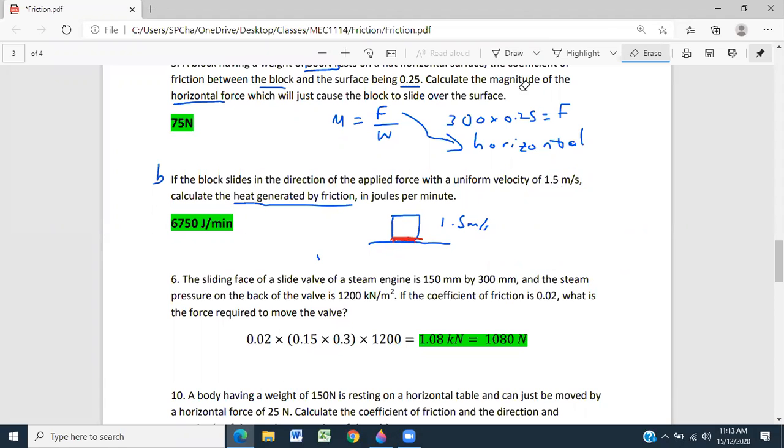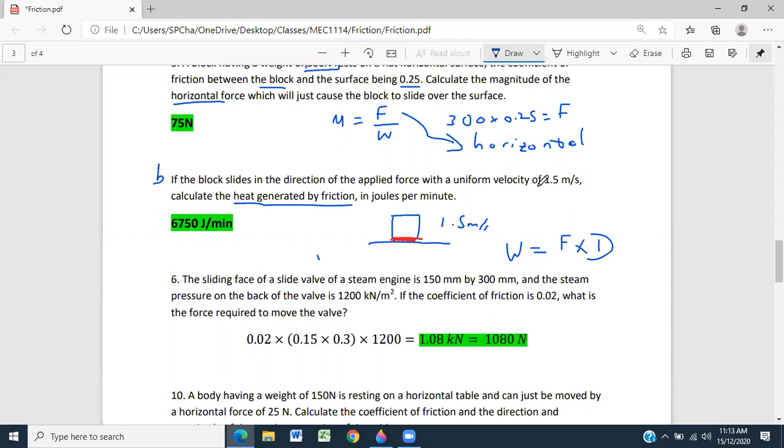So how do you find work? Work is equal to the force we use, so this here would be the frictional force, times the distance. So per minute, we would do some amount of joules. So every minute, how many joules do we burn? Well, we need to know what distance we travel per minute.